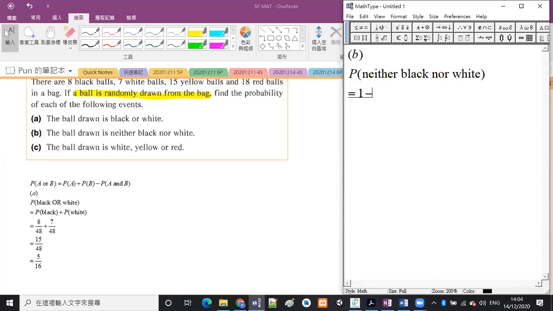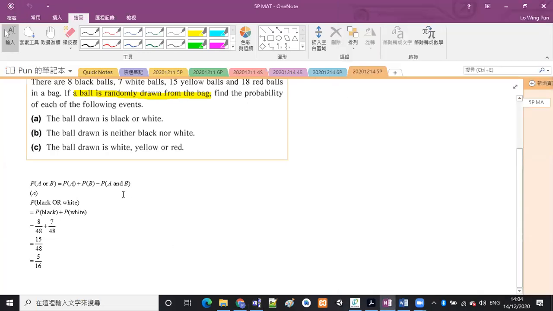It is actually 1 minus the probability of part A, black or white. Can you see this? Because this is 1 minus everything I don't want. So I use 1 minus the probability of selecting a black or white, which is 1 minus 5/16, equal to 11/16. So that is the answer of part B.